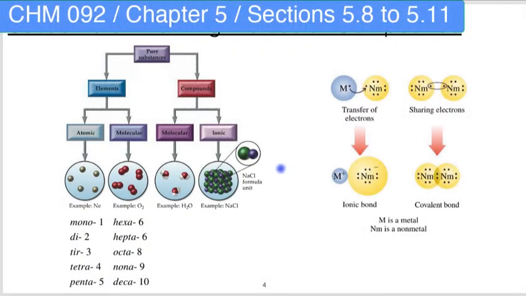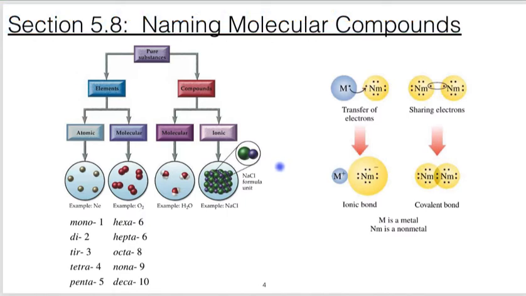So in this video, I want to focus on naming molecular compounds. And it's really the last class of molecules that we need to memorize a whole set of rules, etc. And they're not too bad. We actually borrow a little bit from the ionic nomenclature, to tell you the truth.